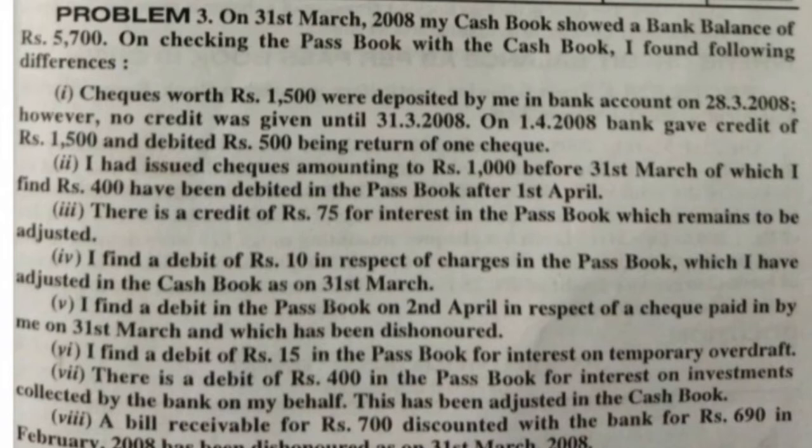But the dishonor of the check has taken place on 2nd April, and the dishonor of the check on 2nd April is after March. Therefore, no adjustment is required because the dishonor has taken place on 2nd April, but the check was issued on 31st March, and there is no transaction relating to the check issued on 31st March.